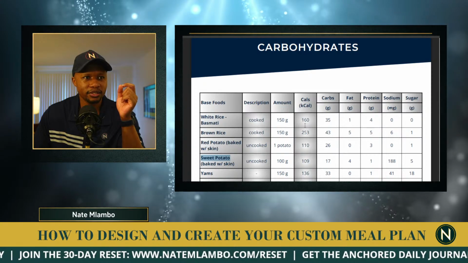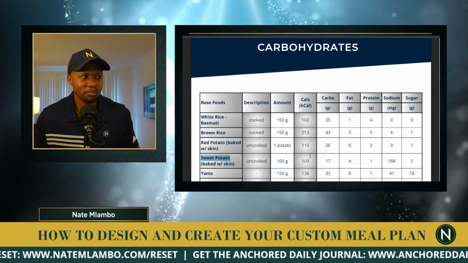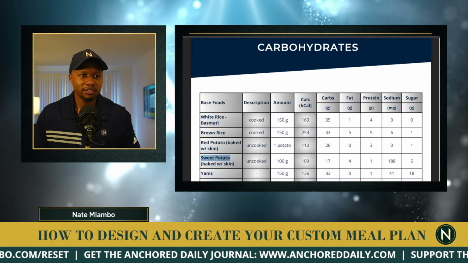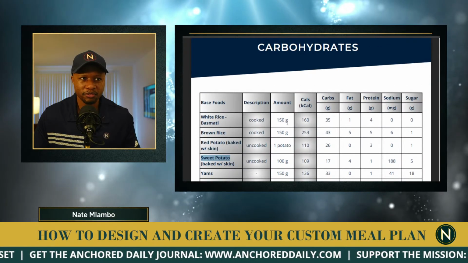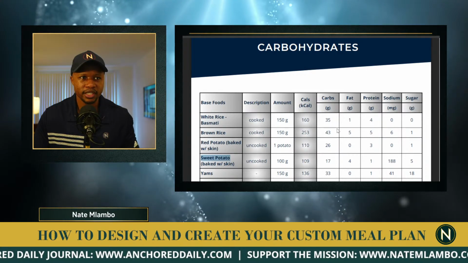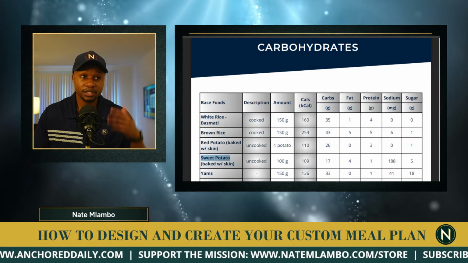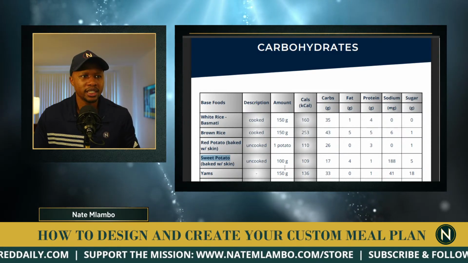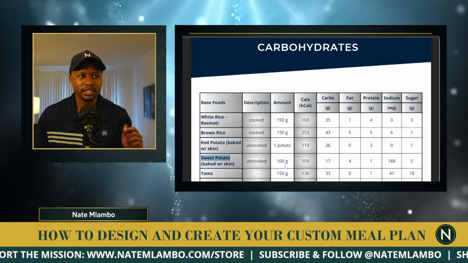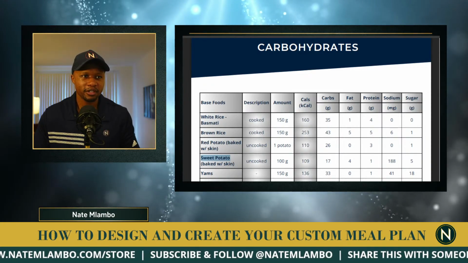So I'm going to look at calories and I'm going to look at the carbs to see which option has a bit more calories, right? So not all food is made equal. So you can have the same amounts, like let's say for example, you've got white rice, you've got brown rice, but your calories are different, right? And the carbs that you have in each food. So it doesn't mean that because it's a carb, each carb that you have for the same amount is going to have the same amount of carbs, right?